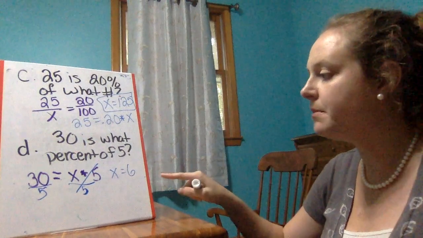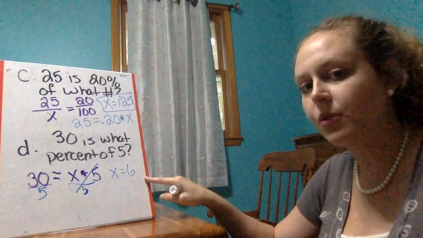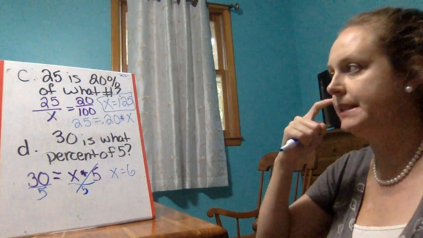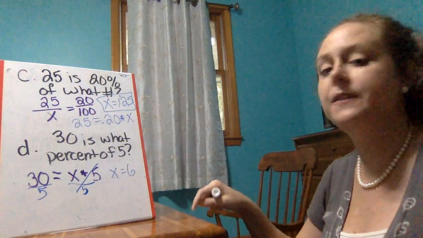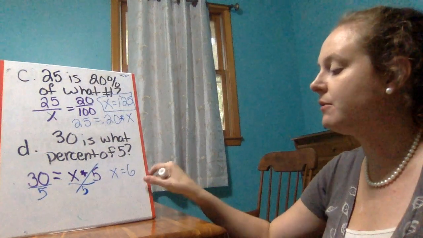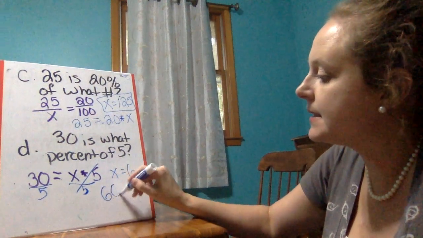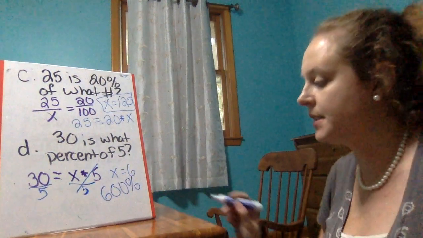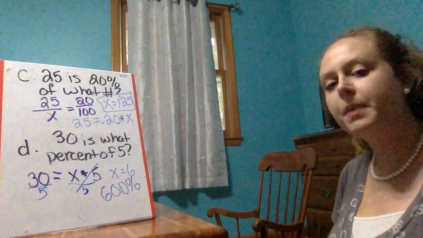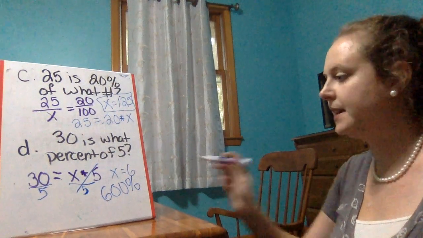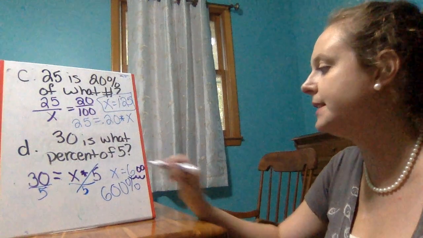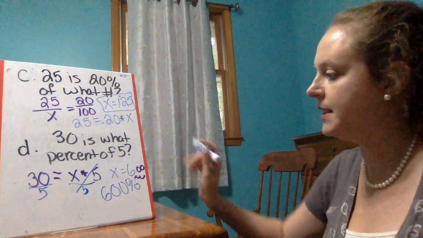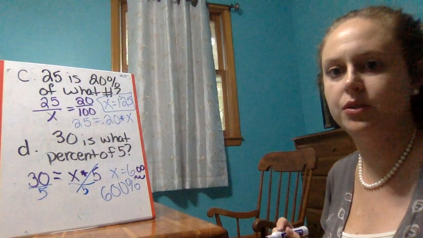But you have to remember, this was written in its decimal format. Just a minute ago when we did B, we got 0.25, and we wrote that as 25%. So we need to write this as 600%. Remember, we're multiplying by 100, or we can think about it as moving that decimal those 2 places. Moving the decimal the 2 places, so I have to add the 2 zeros there.